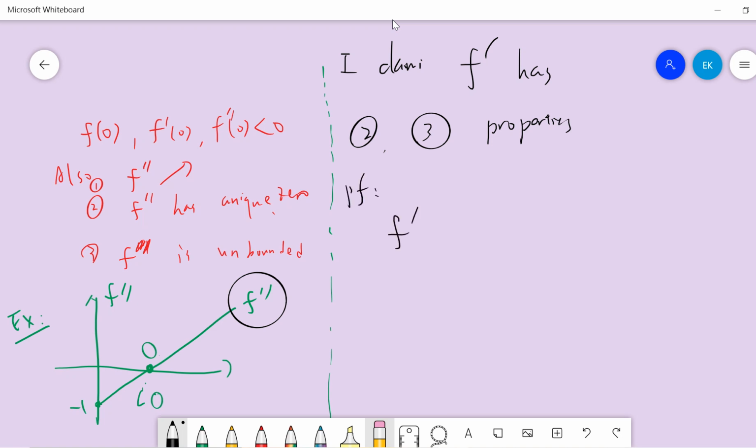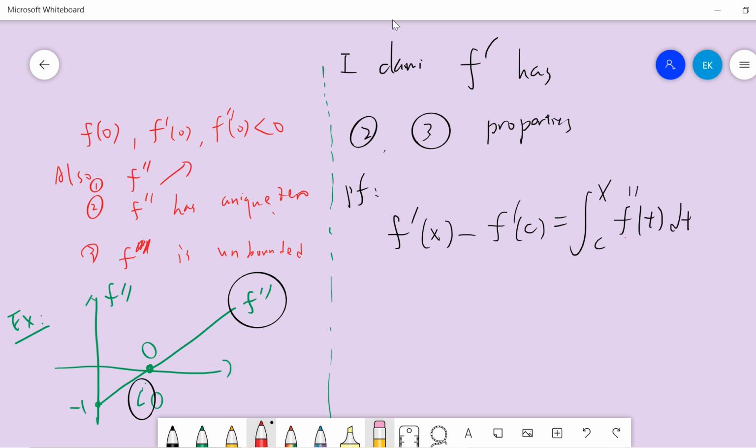Since f' can be written as, since there's a point C, so I can write this as... since we know f'' is unbounded, when x goes to infinity, then this term can be arbitrarily large.